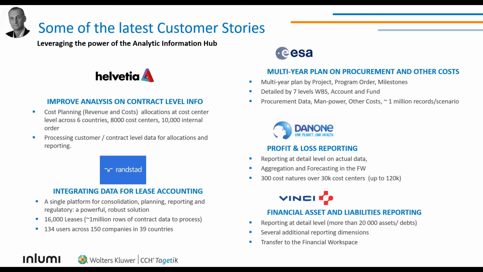So they are storing and capturing cost data and revenue data on a very low level, individual contract level per customer. And what they do with that is they can do allocation down to the lowest level to see the profitability at that level.